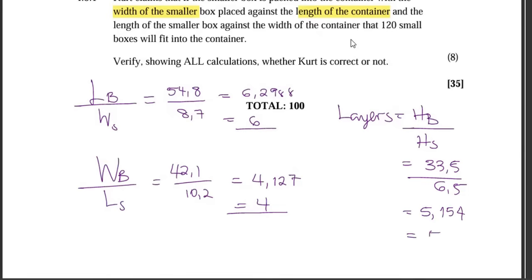It's in the round down. So we shall say 6 times 4 times 5. Indeed, this is 120. So the claim is what? The claim is correct. This brings us to the end of our questions.